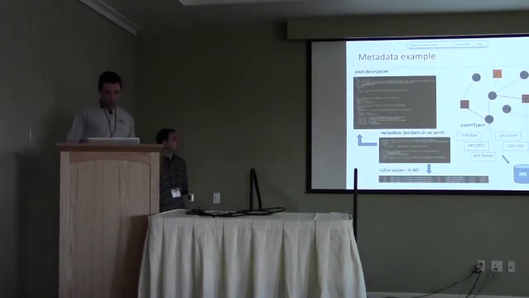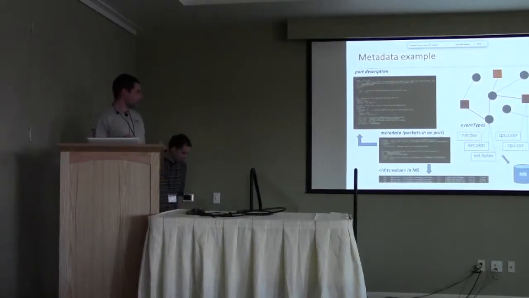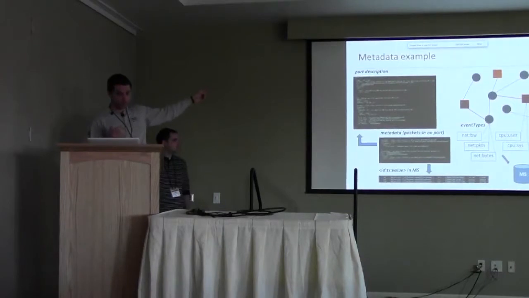And this is a deeper example of metadata. So this top part, say you have a port description in Unis, like one of the ports on your machine. And then metadata would say, okay, the subject of this data is this port, and it has a hyperlink to the port description.